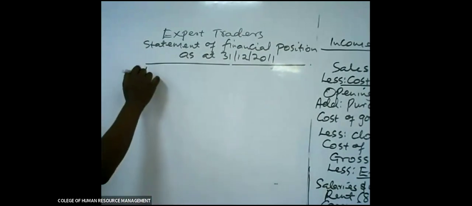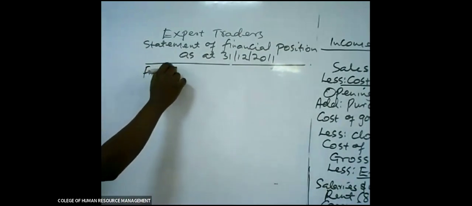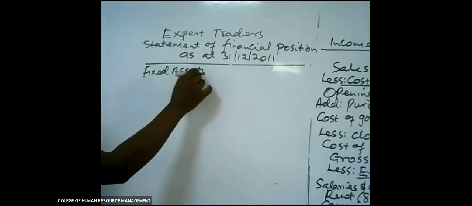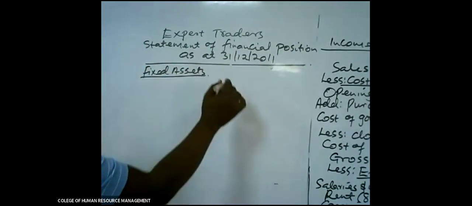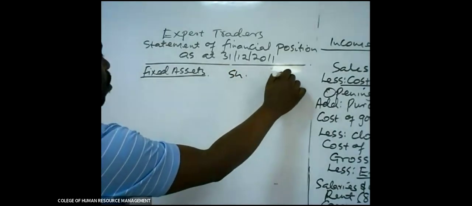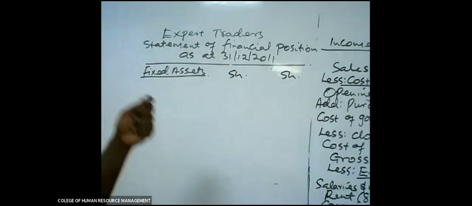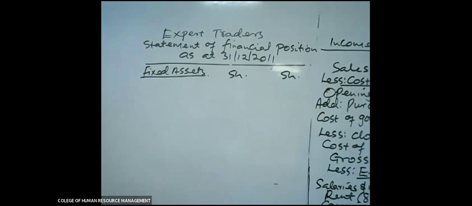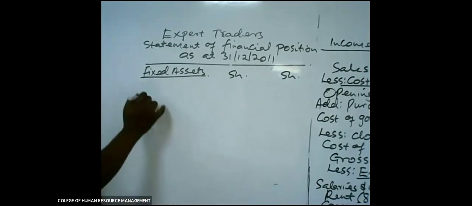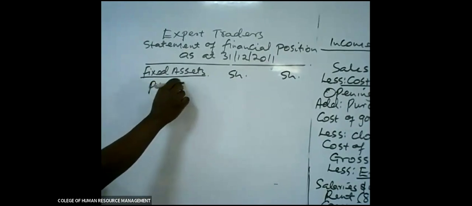So we start with the fixed assets. Because we are not given depreciation, two columns will be enough. We don't need to do cost, depreciation, and then net book value, because they have not provided depreciation for the fixed assets. So the only fixed asset here is the premises.